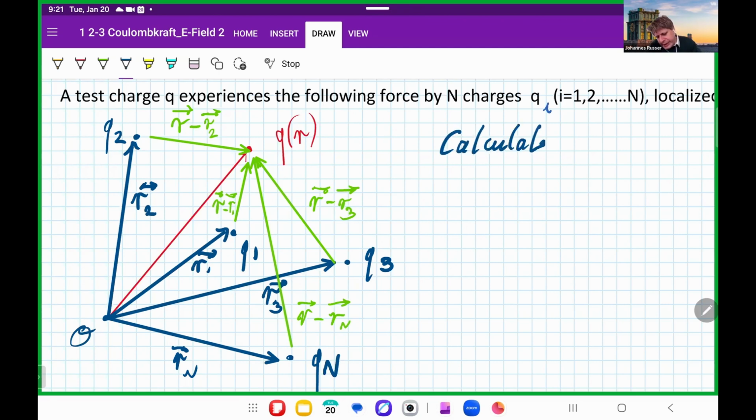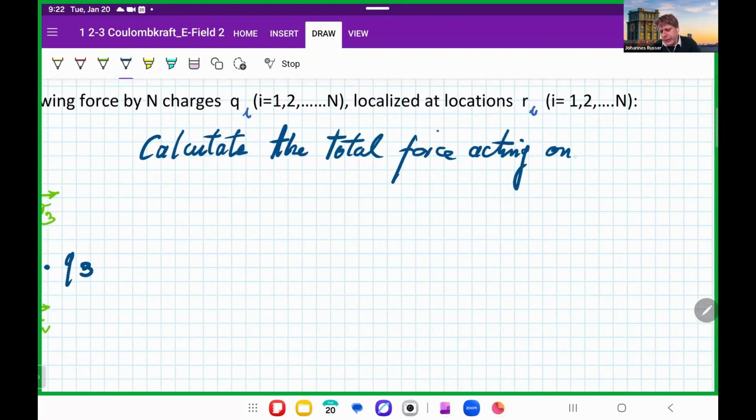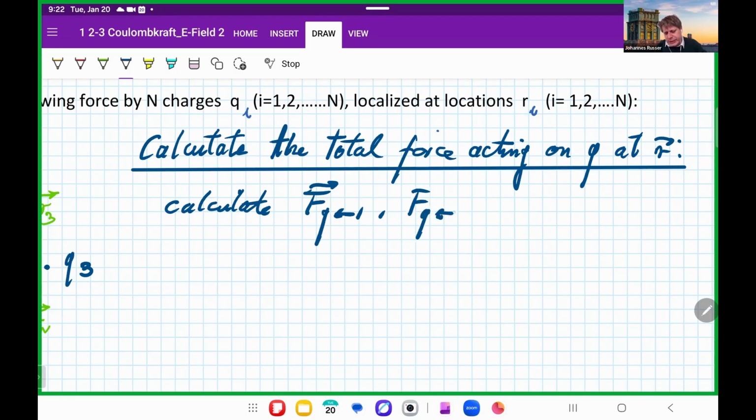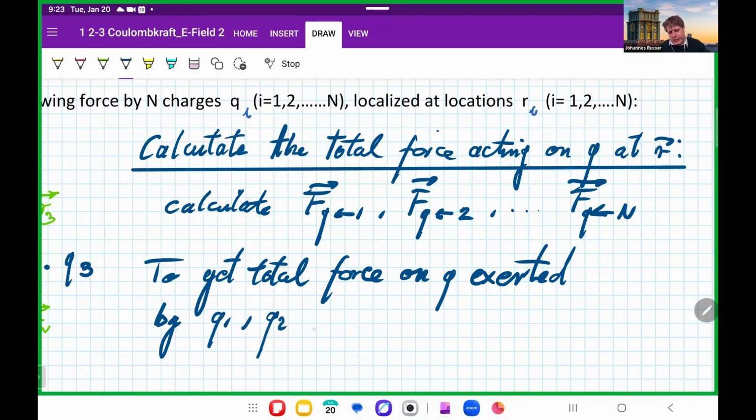So our job is now to calculate the total force acting on Q at the position where Q is, and that is at R. Hence we calculate the force on Q due to charge 1, the force on Q due to charge 2, and we keep doing that for all charges, to get the total field, or sorry, the total force exerted on Q by the different charges surrounding it, Q1, Q2, Q3, and so on to Qn.